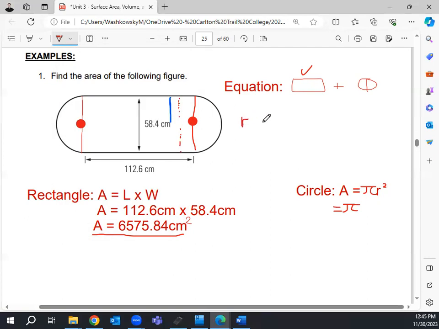My radius here is going to be this 58.4 divided in half. This 58.4 is that circumference thing we talked about at the start. It's the full length of a circle. So all I need to do is cut that in half, divide it by 2. And my radius should be 29.2. So my radius is 29.2.